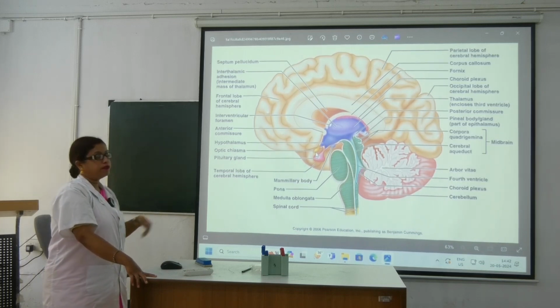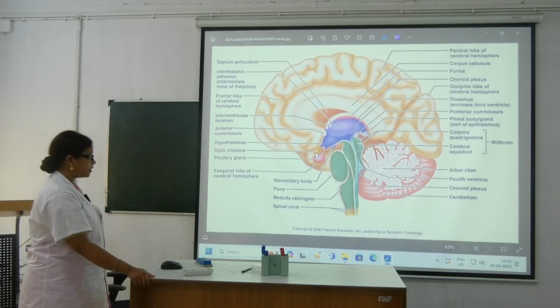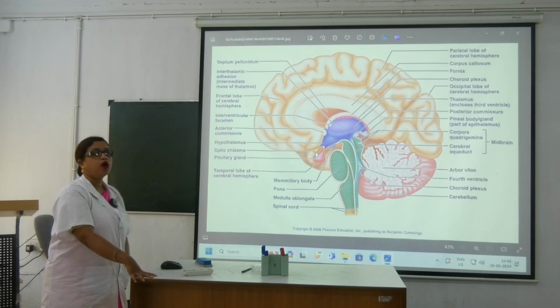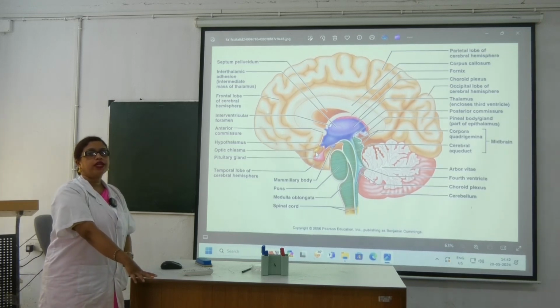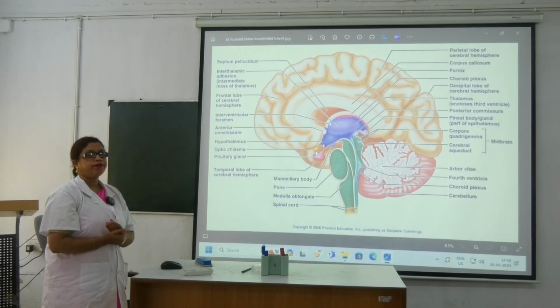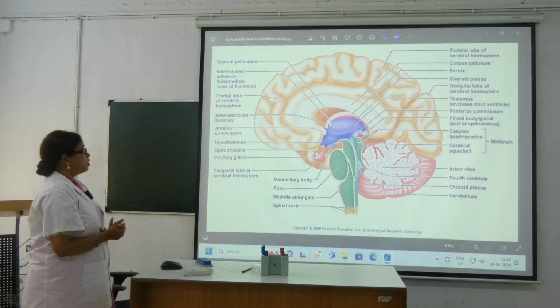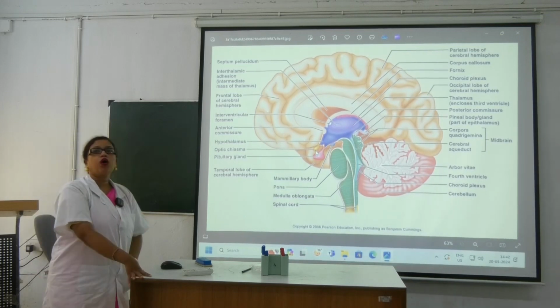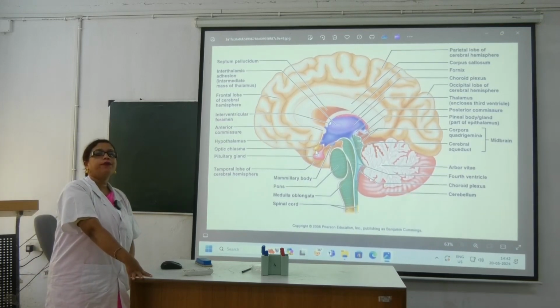Below the frontal lobe on sagittal section, we will get the optic chiasma, along with the optic tract.